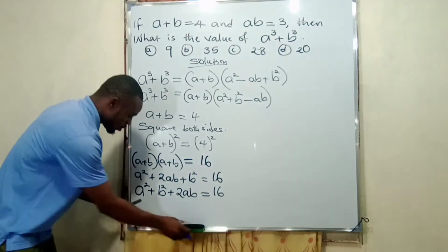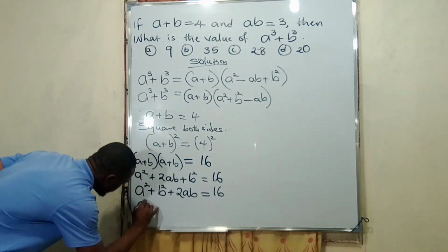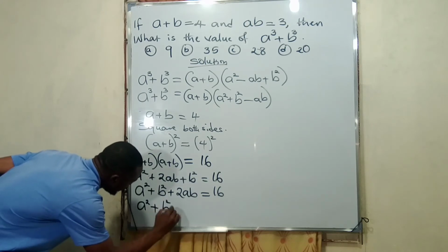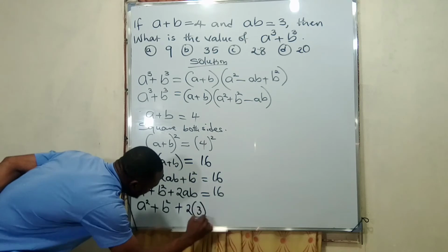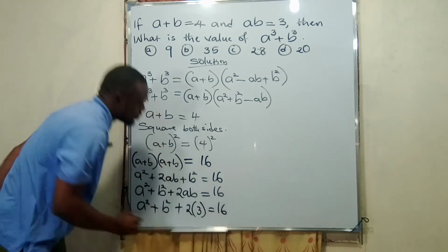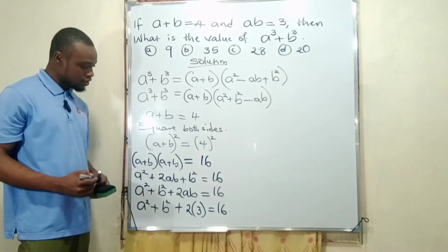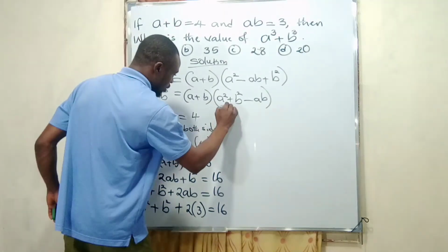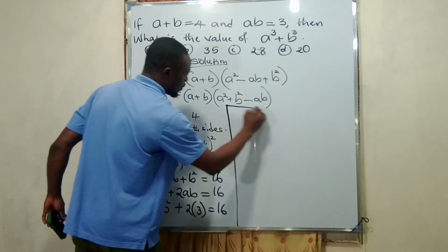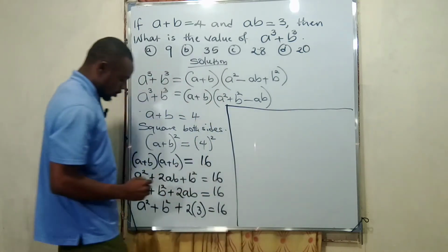So we now have a squared plus b squared plus 2 open bracket 3, equal to 16. So 2 times 3 is 6.